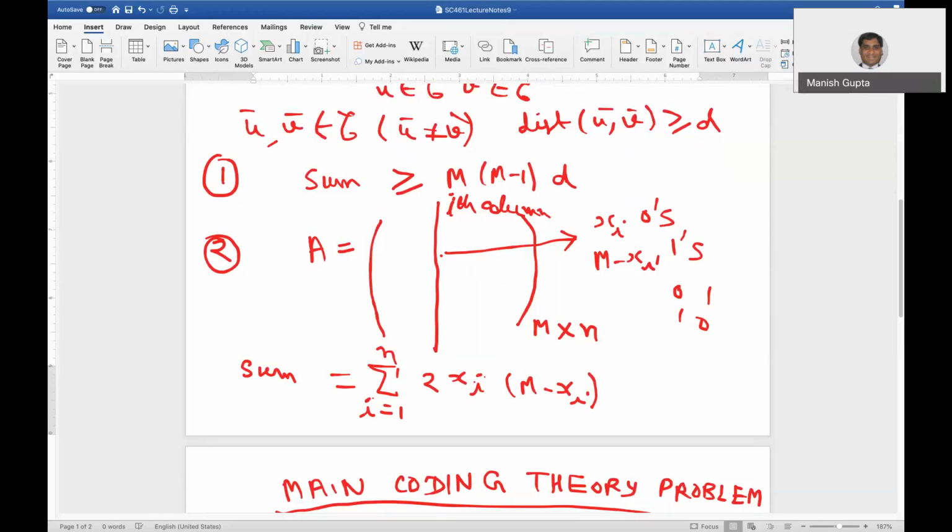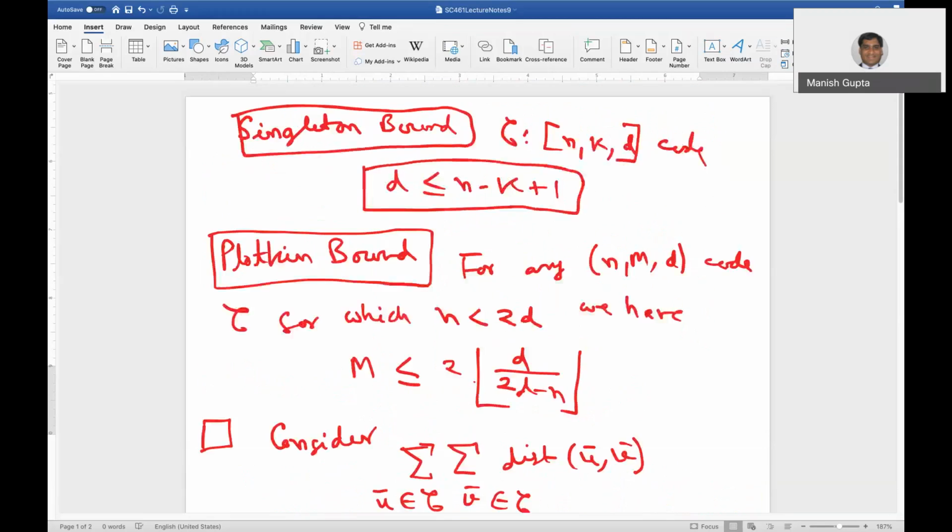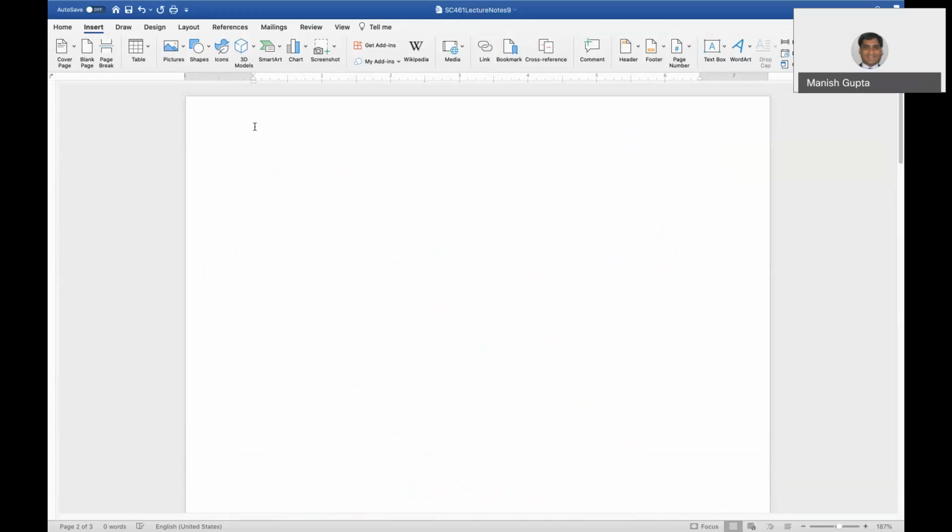Now I would like to know the answer when this sum is maximum. For what xi is this maximum? So I can just write down again the sum for you here.